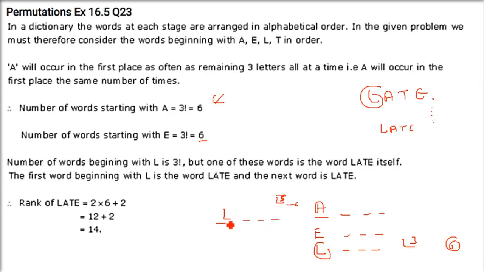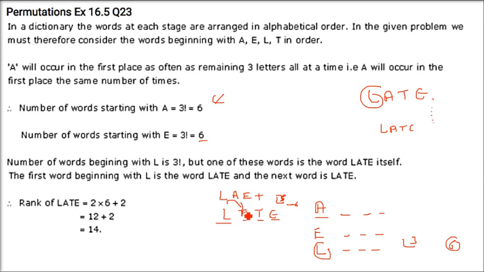When you fix L, now what will come? A will come. So it can be LATE. It can be LAET. See, LA we fix. Now TE can come, ET will come. But ET will come previous to LAT, prior to this, right? So LATE will come after LAET.